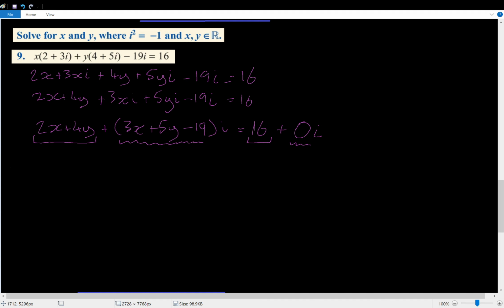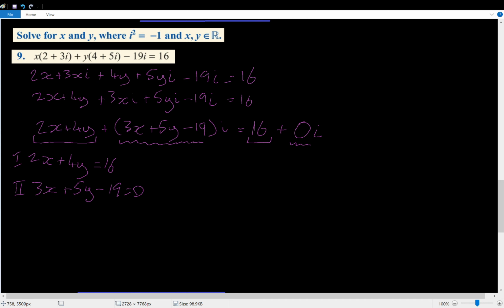So we can create two equations from this now. Our equation 1 is going to be 2x plus 4y is equal to 16. And our equation 2 is going to be 3x plus 5y minus 19 is equal to 0, like that.